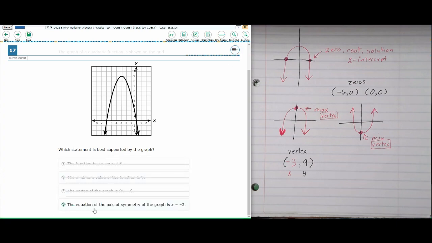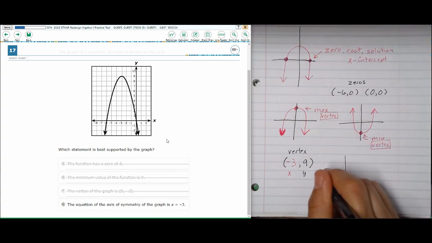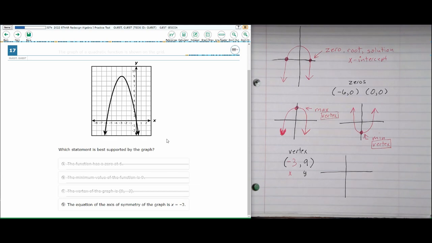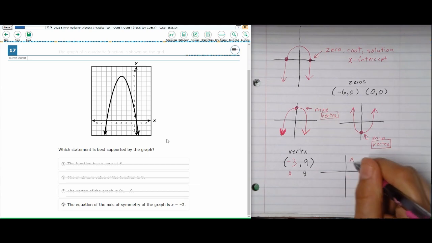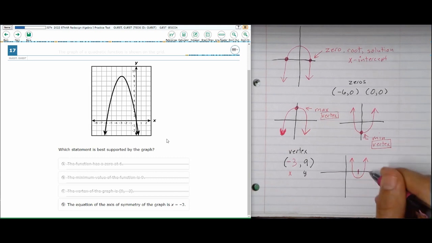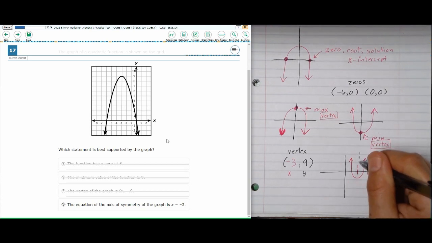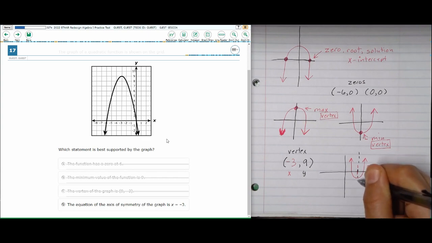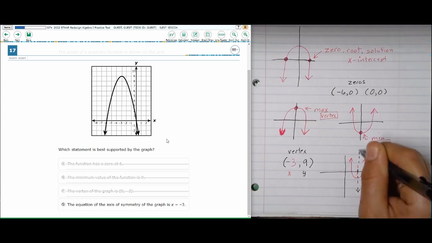And D says the equation of the axis of symmetry of the graph is x equals negative 3. And that's true. Once again, I'm going to go back to when we were doing the transformations of quadratics. Whenever you had a parabola, let's say I'm going to just draw one on this side right here, and let's say that this value is 1 and this is 2. What you've got to remember is when we talk about the axis of symmetry, it's the line at which it cuts the parabola in half to make a mirror image.